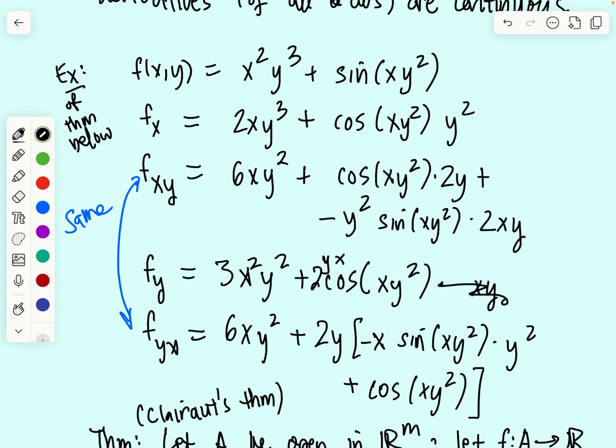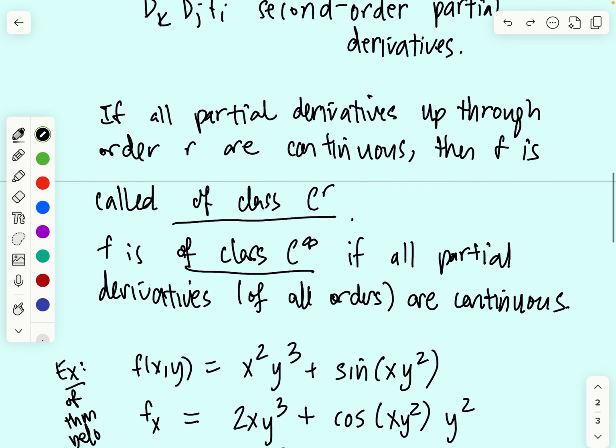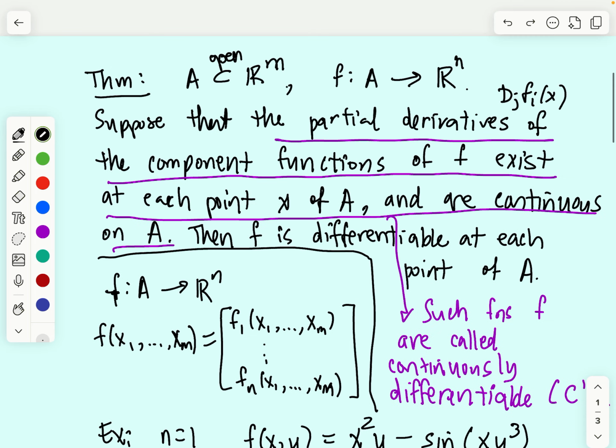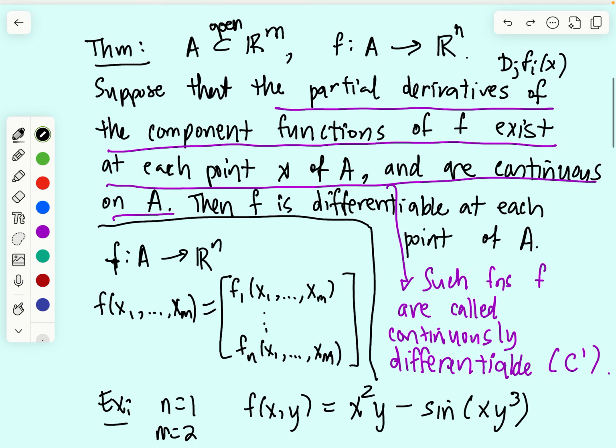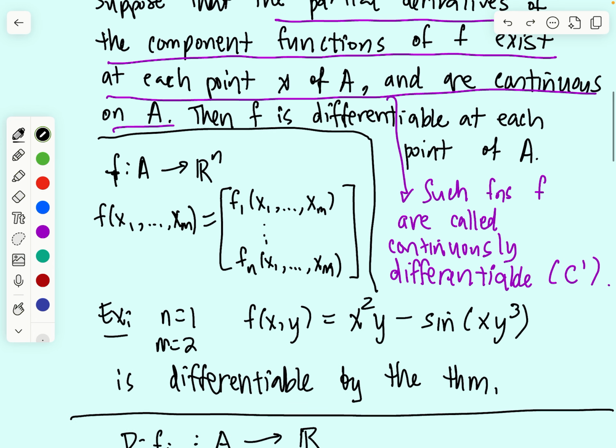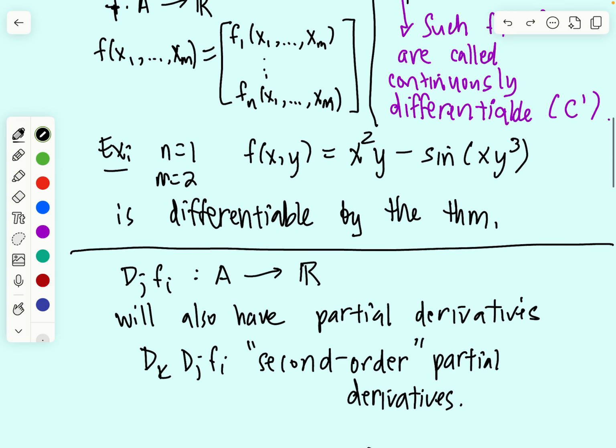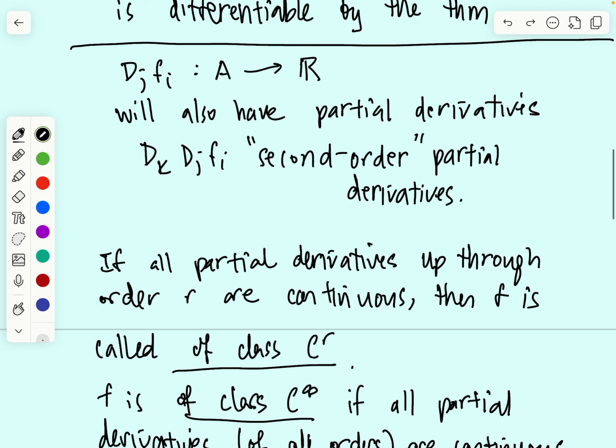And that's all there is to say about this section. These are the main results. So let's just review. We stated, we didn't prove it, that if you have a function where the partial derivatives don't just exist, but they're continuous, then the function is differentiable. And such a function is called C1, or continuously differentiable.